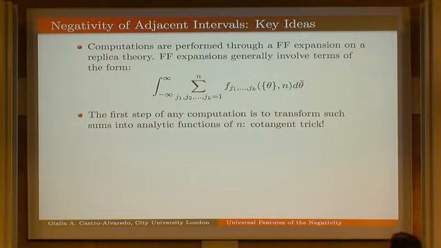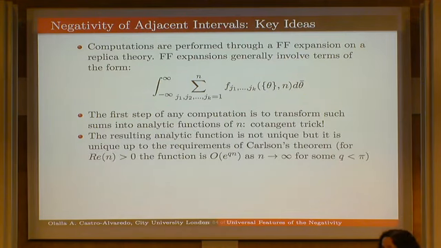Now that step itself, you could criticize because of course this analytic continuation is not unique, in the sense that when you do these sums in n, you could add a function which is 0 for every integer n, but it's not when n is non-integer. So there are many choices you could make, and you have to find a way to filter out the ones you don't like. So the criterion we used in our original work, and we have used since, comes from Carlson's theorem.